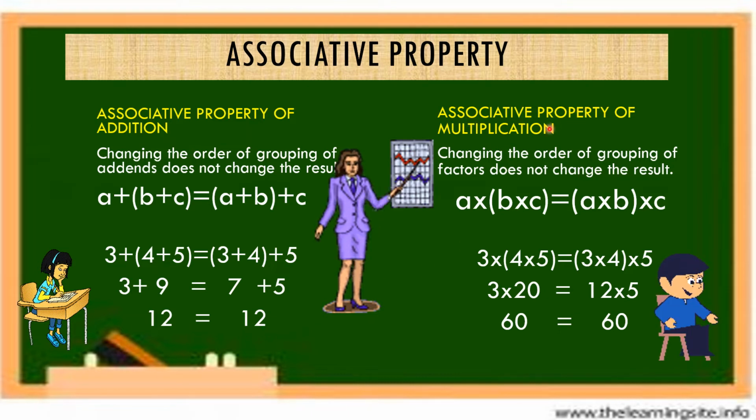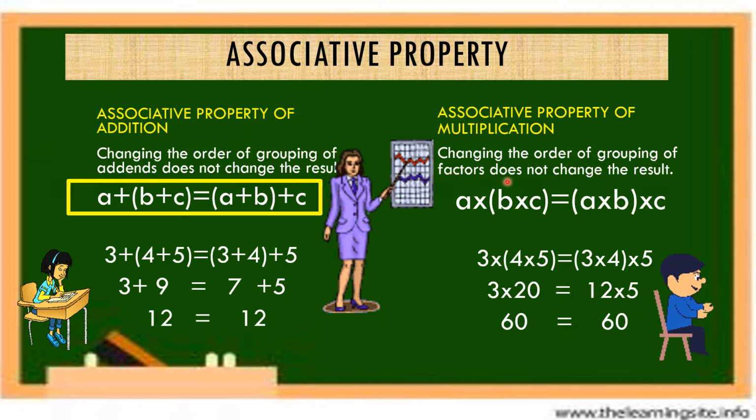Associative property of multiplication. Changing the order of the grouping of the factors does not change the result. Ngayon, meron na naman tayong tatlong numero. Pero tayo ay nagmumultiply. Sa unang grupo, ang magkasama ay B times C. Sa pangalawa, A times B. Lagyan natin ng number: 3 times the quantity of 4 times 5 equals the quantity of 3 times 4 times 5.